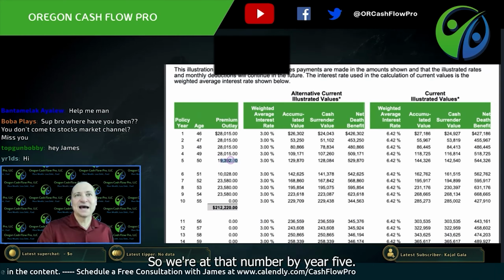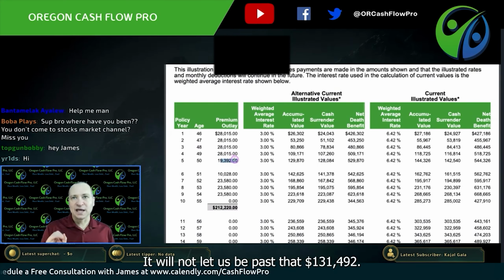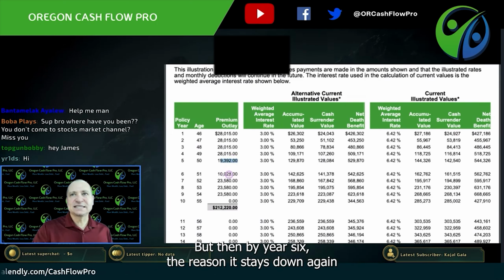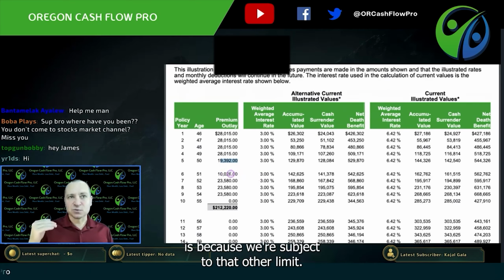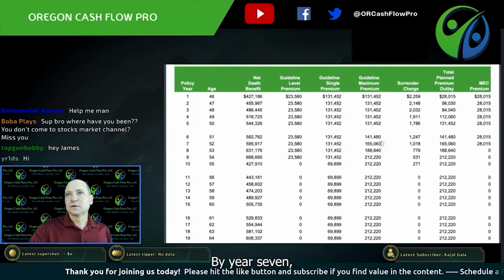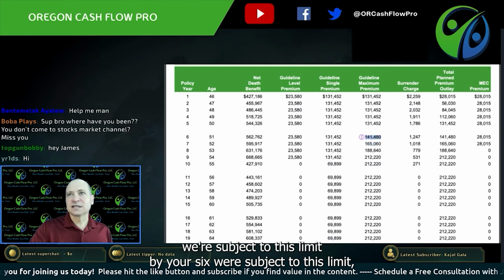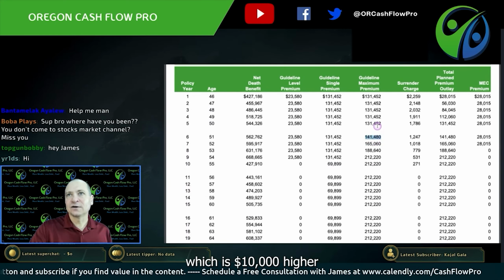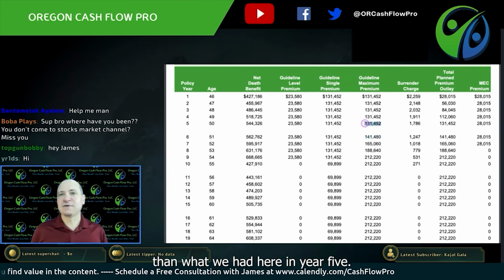So we're at that number by year 5. It will not let us be past that 131. But then by year 6, the reason it stays down again is because we're subject to that other limit. By year 7, we're subject to this limit. By year 6, we're subject to this limit, which is $10,000 higher than what we had here in year 5.